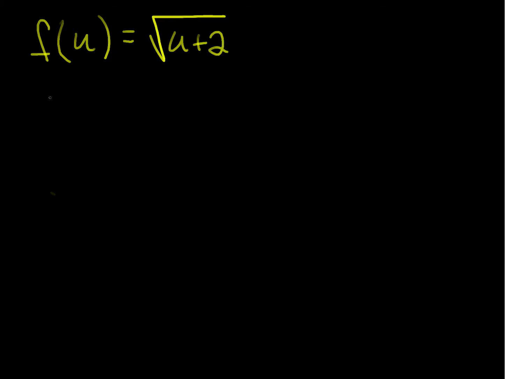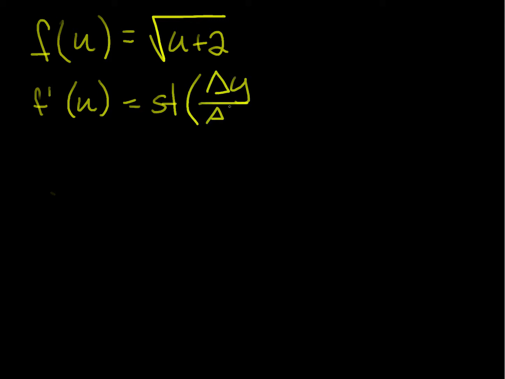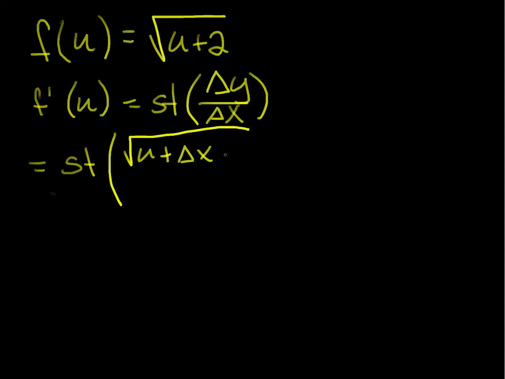Then f prime of u is the standard part of the change in y over change in x, which is simply the standard part of the square root of u plus delta x plus 2 minus the square root of u plus 2, all divided by delta x.